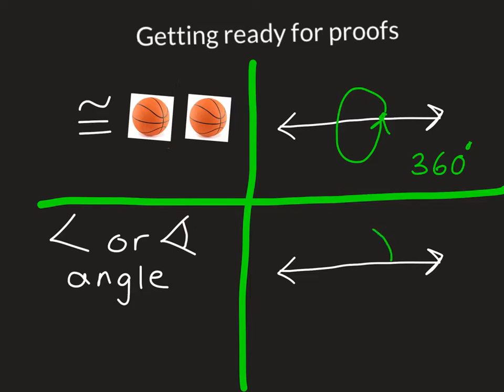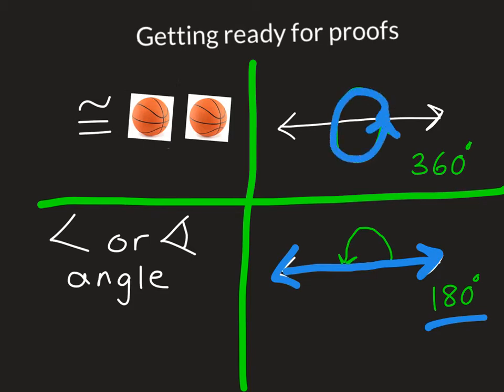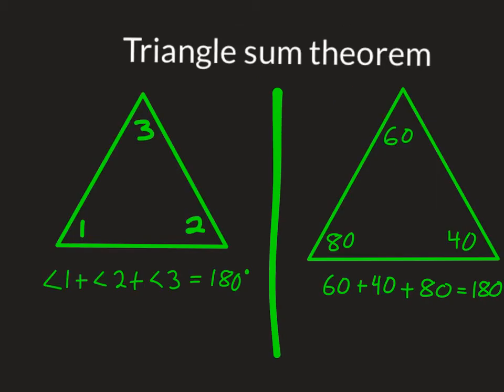So what if I were to just do half of that? Well, if I were to do half of that, then that would be 180 degrees. And so it's really important that we know that a straight line is going to be 180 degrees, whereas a circle, a full circle, is going to be 360 degrees.